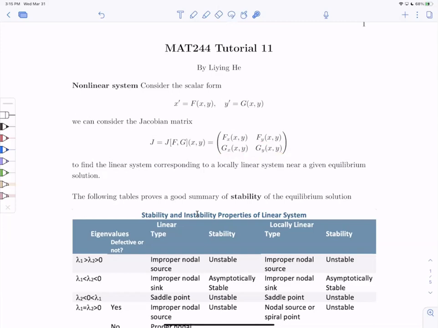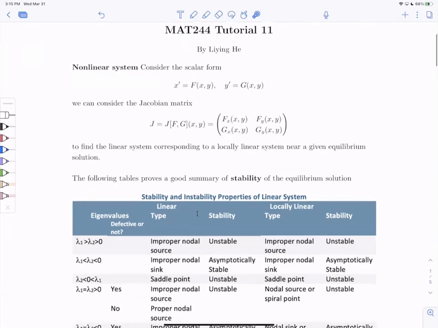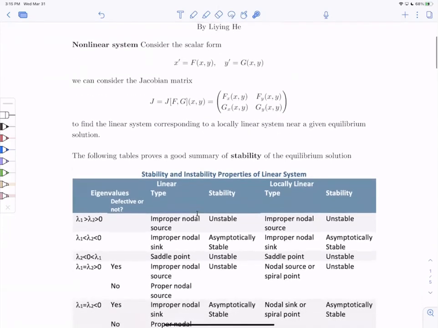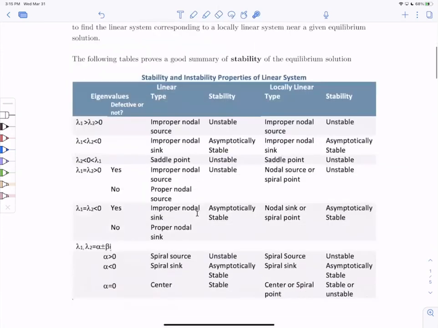Before, we always used x prime equals Ax, where we consider the matrix A and find its eigenvalues and eigenvectors. But when you have a nonlinear system, you need to find the Jacobian matrix and then consider the eigenvalues and eigenvectors of this Jacobian matrix. Whatever you find based on the Jacobian matrix, you can then use this table.